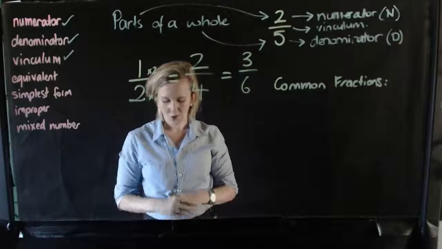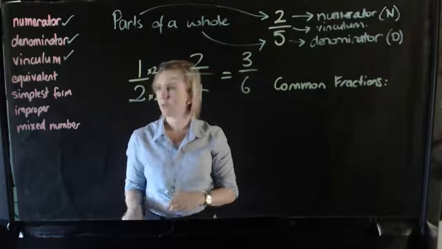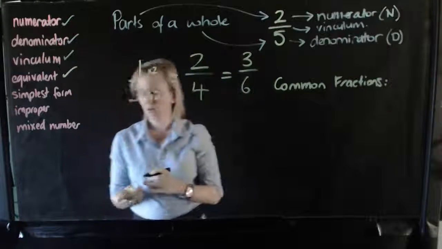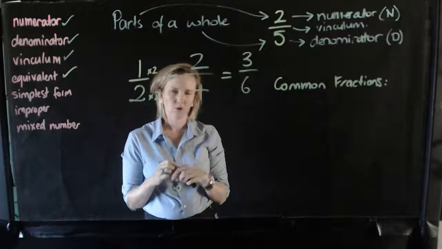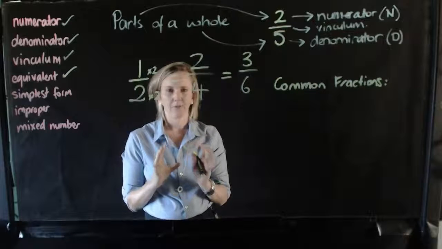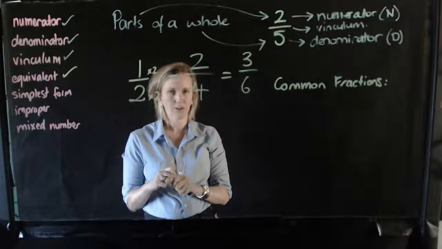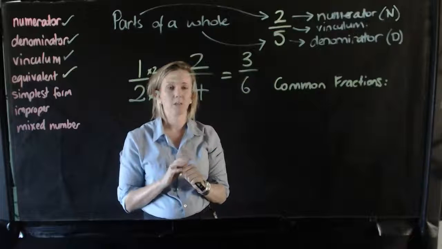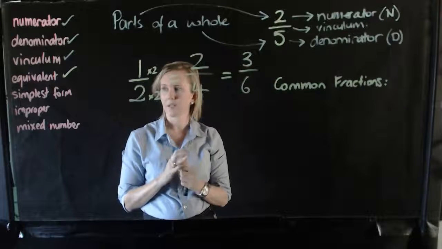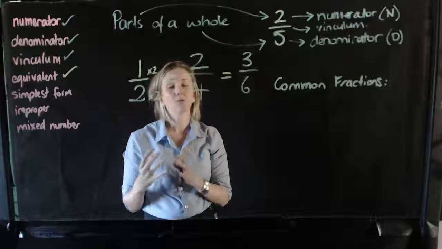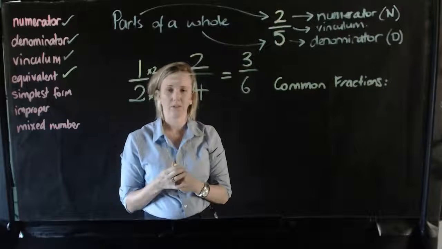On that topic, we're going to talk briefly about making a fraction into its simplest form. And that's very similar to finding an equivalent fraction. When you're making something into its simplest form, you're finding the smallest equivalent fraction of the one that you started with.